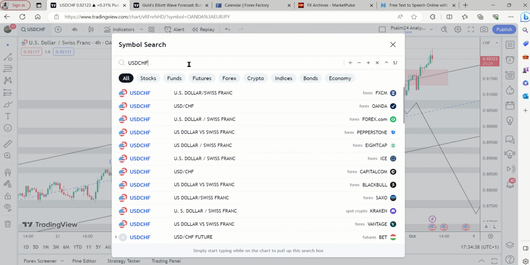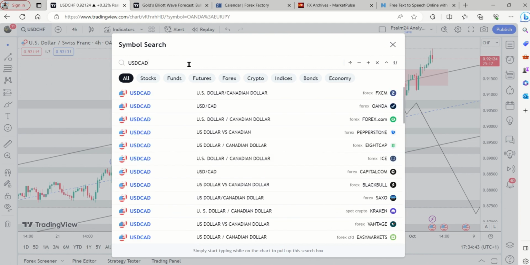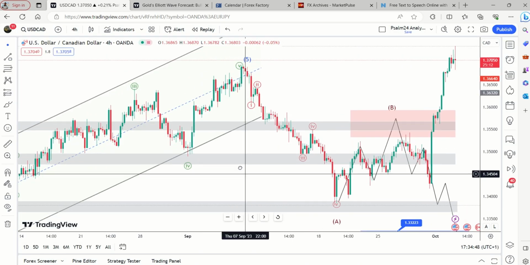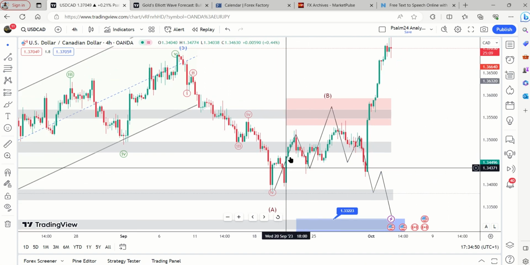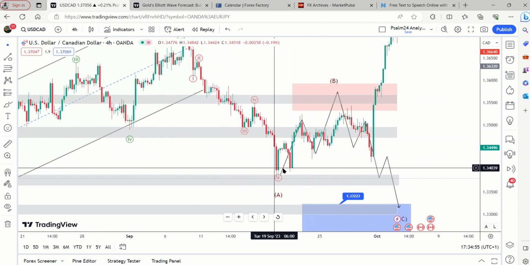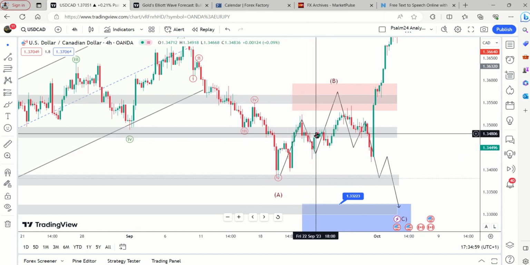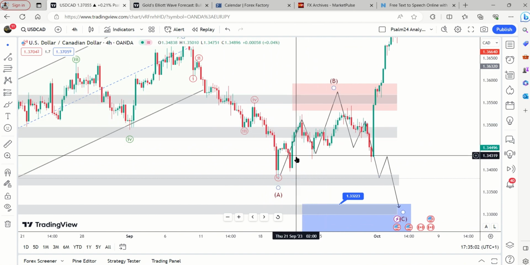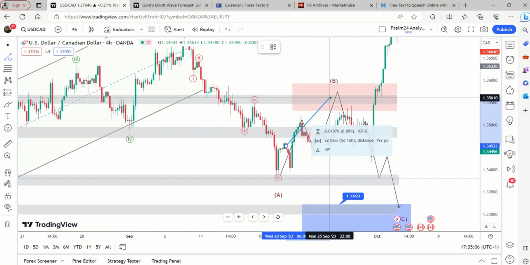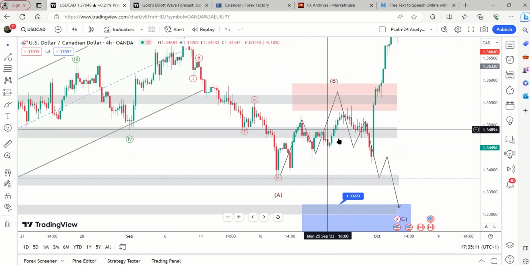And then USD CAD. USD CAD was also another pair that we analyzed. Here, we made money on this move. We provided the analysis when the market was here. We said we needed to see the market move to the upside. And that was exactly what happened. So we made money on this first move to the upside, which was about 70 pips.